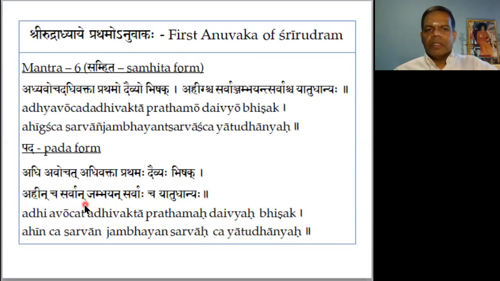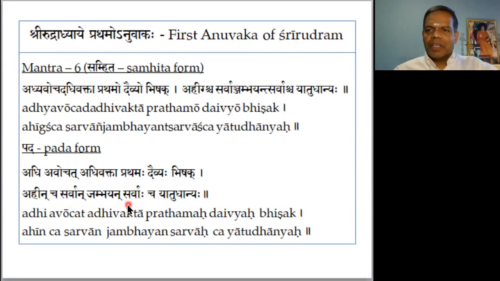'Jambhayan'. This 'n' becomes 'nj' because the anuswara or any 'n' sound becomes the fifth letter, the nasal sound of the consonant which follows. So when 'ja' comes in the Chavarga, 'nya' is the nasal sound in that varga. So that's how it becomes 'sarvanjambhayan'. Okay. So this 'n' is another sandhi. Actually, there's another anuswara which comes, which becomes the 'nt'.